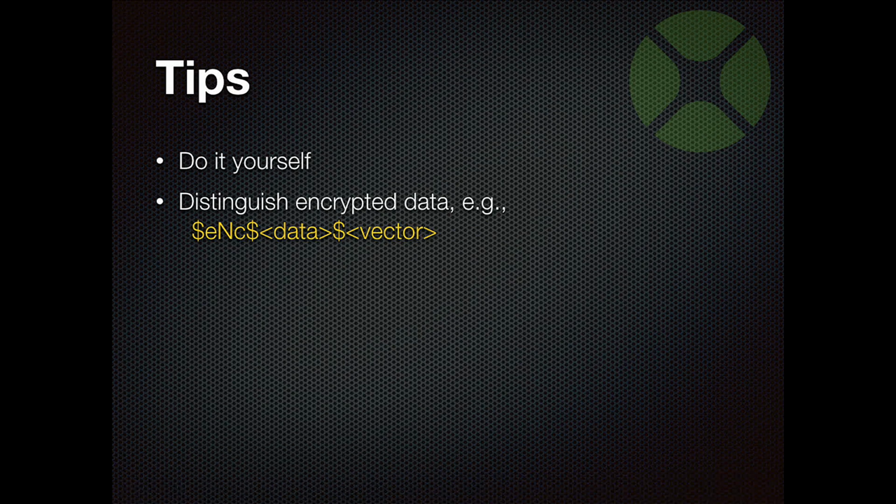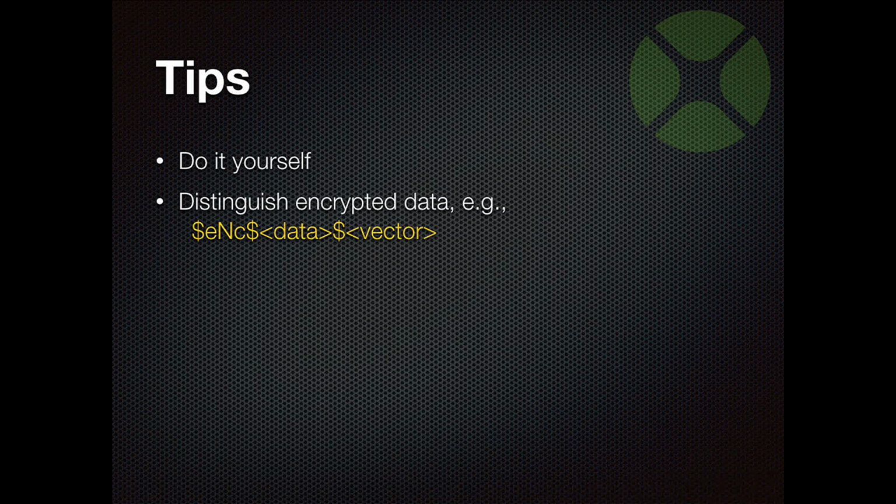Distinguish your encrypted data. When you store it, first, you could choose to store it as binary. You probably don't want to do that. Store it either hex encoded or base 64 encoded, but distinguish it in some way so at a glance you can look at it and say, that's encrypted data.